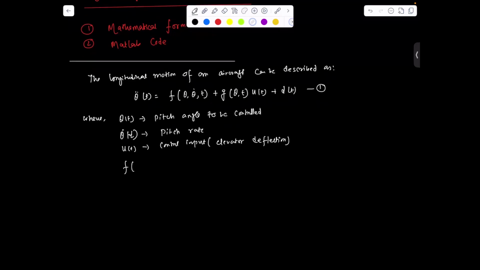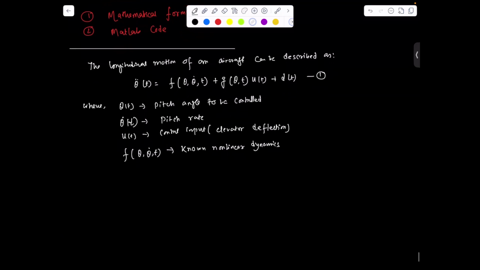And f(theta dot t) is the nonlinear function, or you can say known nonlinear dynamics, and g theta of t is the control coefficient gain, we can say.